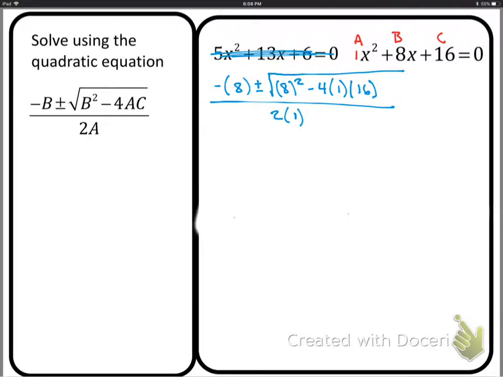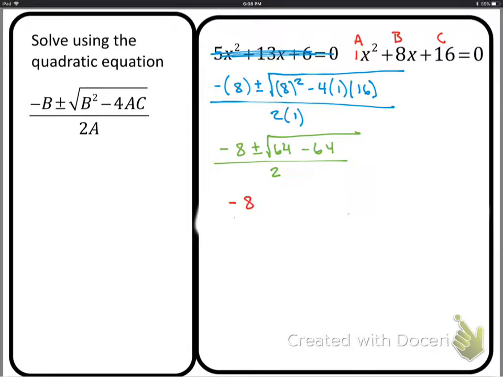Now simplifying, negative times 8 gives me negative 8 plus or minus square root. 8 squared is 64. Negative 4 times 1 is negative 4. Then negative 4 times 16 is negative 64. All divided by 2 times 1, which is 2. Now the discriminant, we can simplify it. 64 minus 64 is 0.